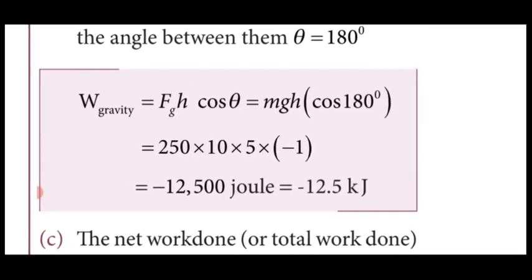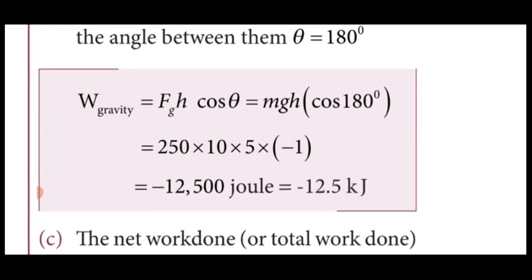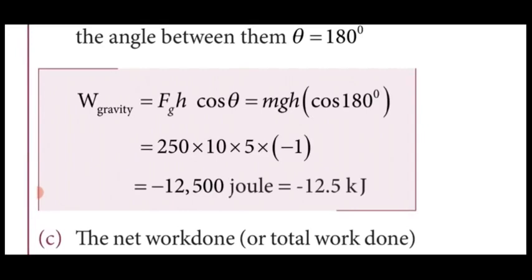So W gravity is equal to F_g·h·cos theta. F_g is nothing but the gravitational force, which is equal to mg, so we substitute that here.